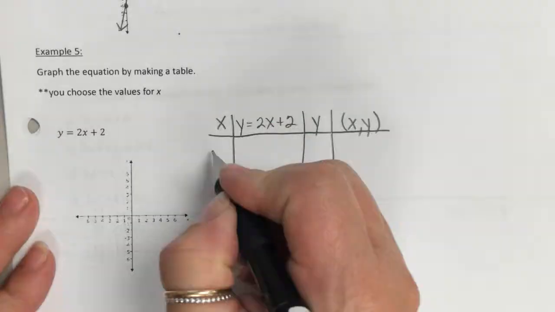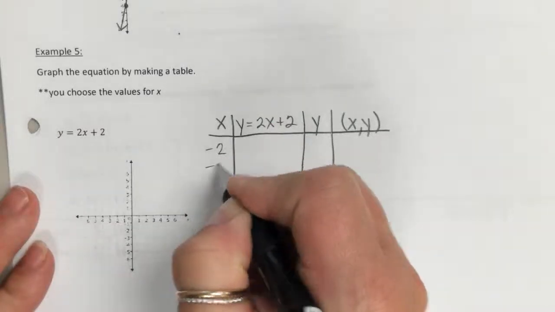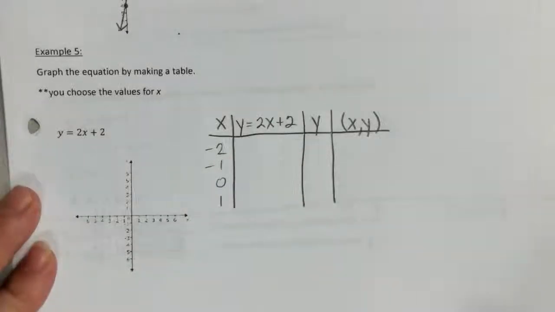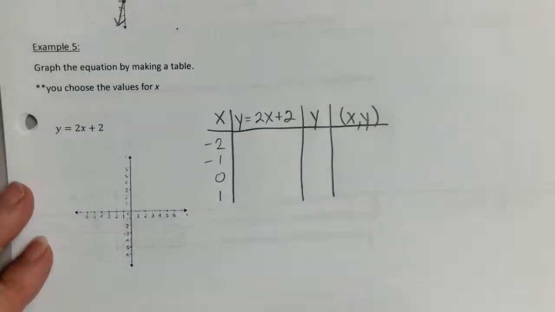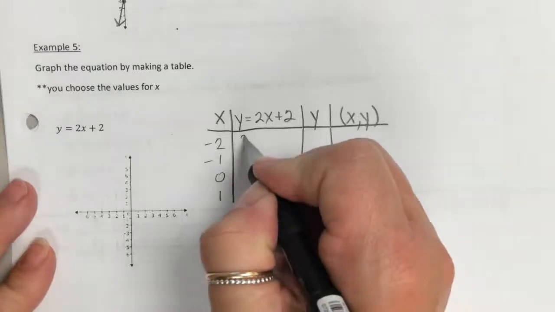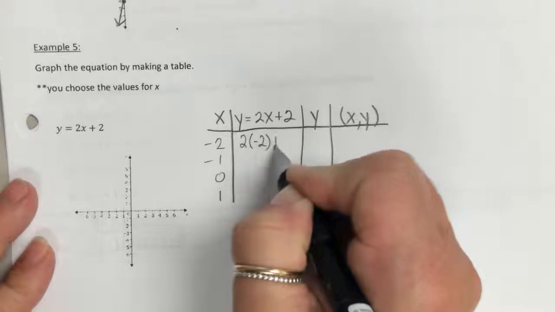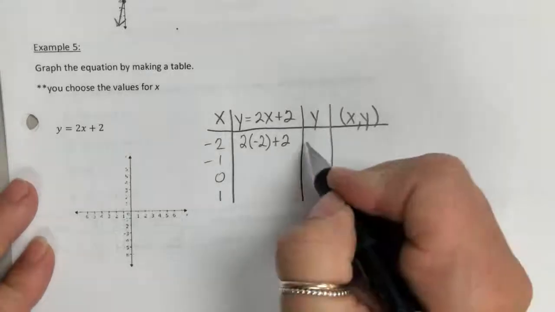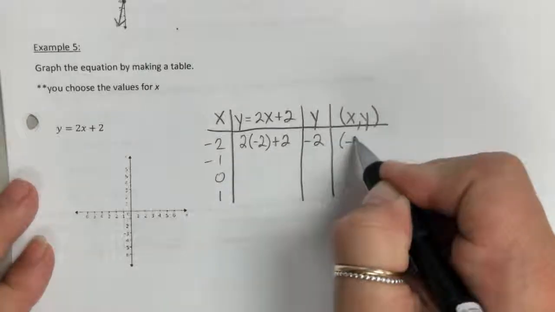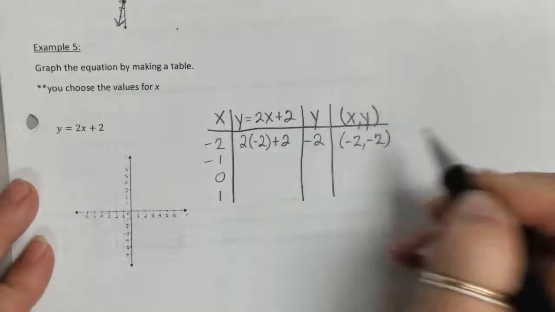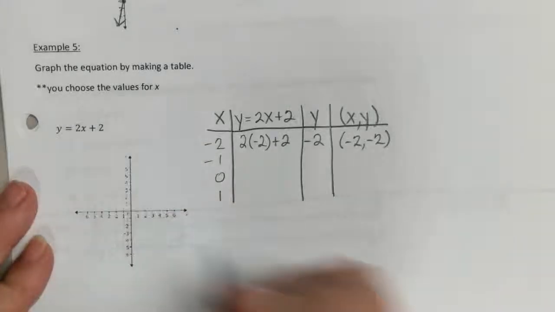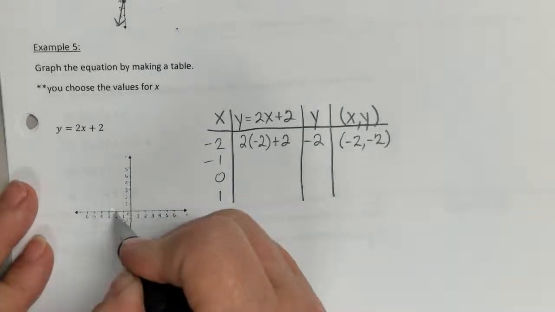Now, I always like to choose some negative numbers as well as some positive numbers, just so my graph goes across the coordinate plane. So when I put in my x inputs, you can see negative 4 plus 2 is negative 2. So my first point that I'm going to plot is negative 2, negative 2.